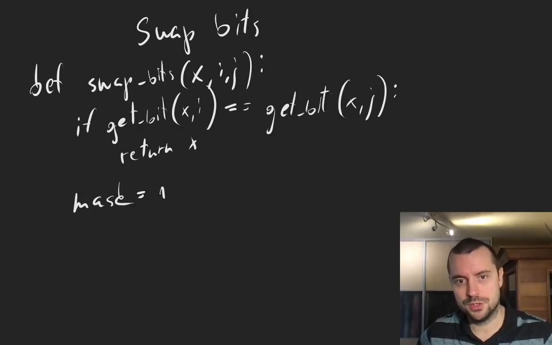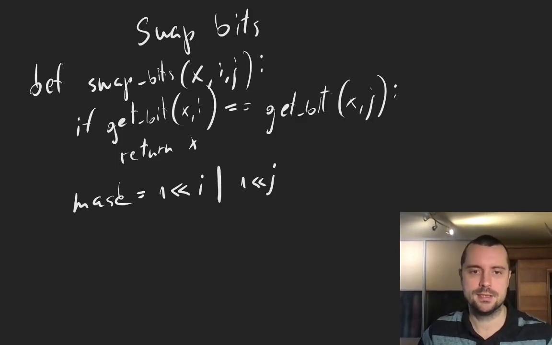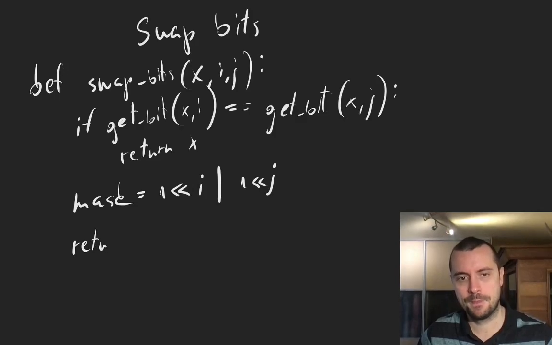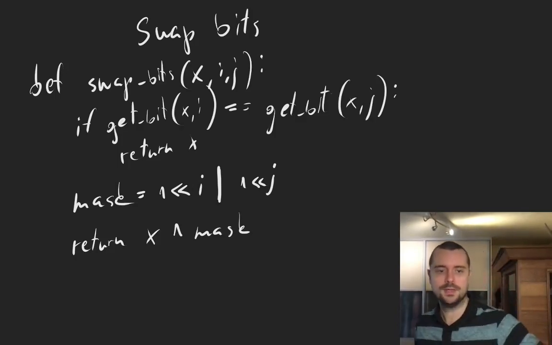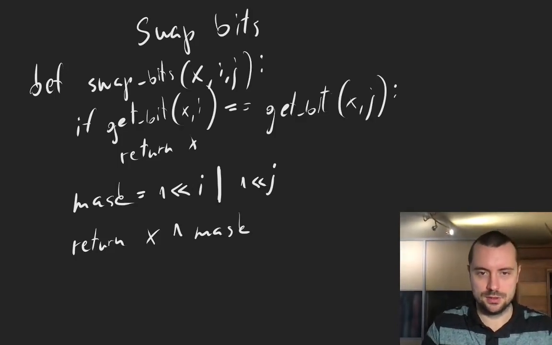So to do this, we just left shift by I, and then OR, and for J the same, right? So this is a mask, and we just return X XOR mask, and this should toggle our 2 bits, and we're done. Cool. Let's see if this works.